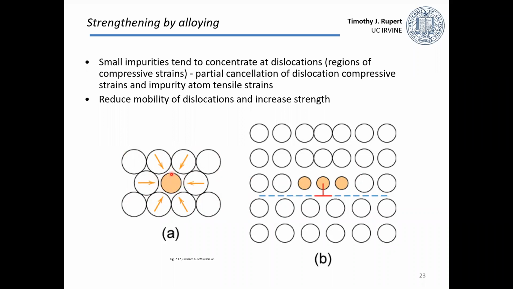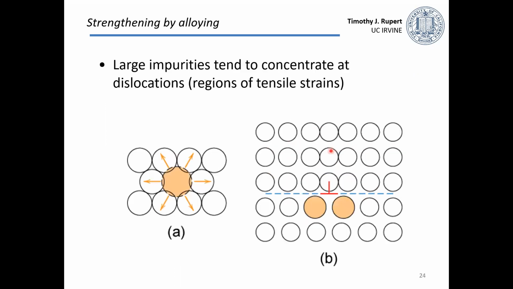This atom, in this case, is smaller than the atoms around it, so it is going to pull in and apply tension to all that lattice around it. Because it's smaller, it's going to be happy in that region above the edge dislocation where the atoms were originally compressed. So it's basically going to relieve the penalty from having stress around that.